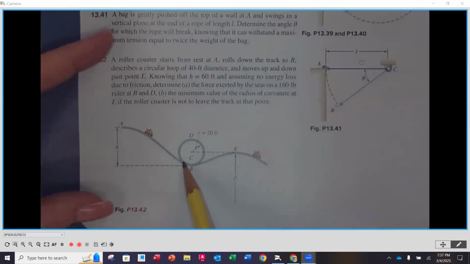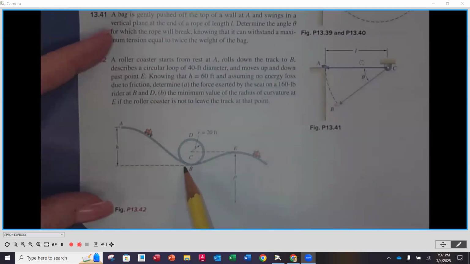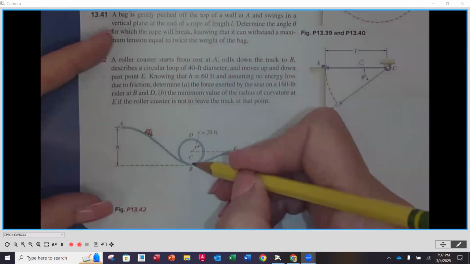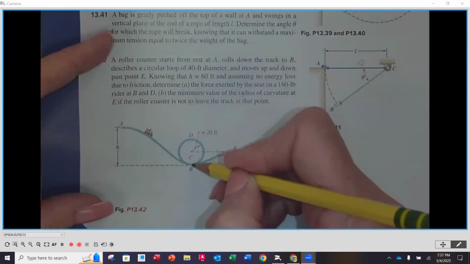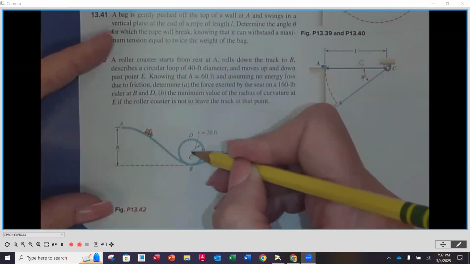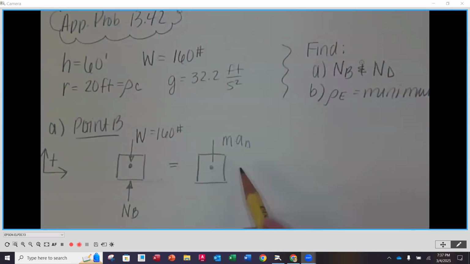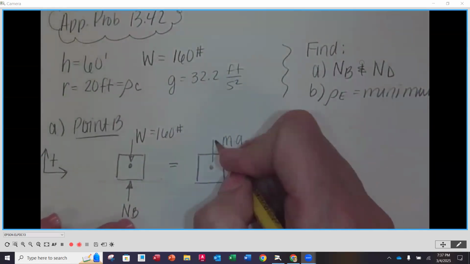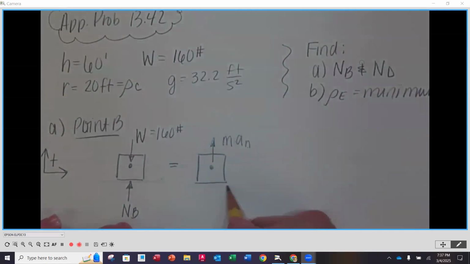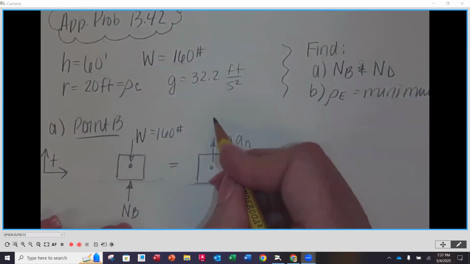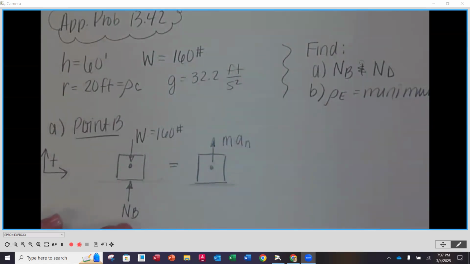It is because this is the very start of going around a curve. The acceleration when we're going around a curve is going to be towards the center of rotation. So the normal acceleration is going to push up towards that center of rotation. Even though we're down here, it's going around that curve and its center of rotation is up here. So the acceleration is going to point towards that center of rotation, so it's going to be going up.